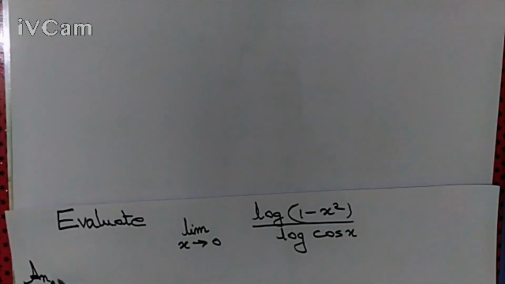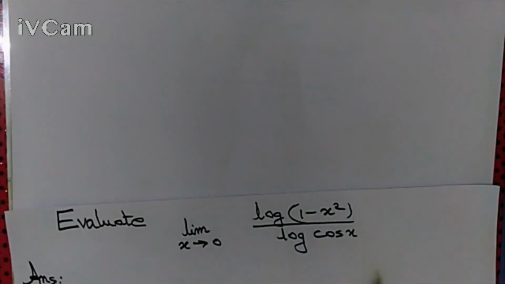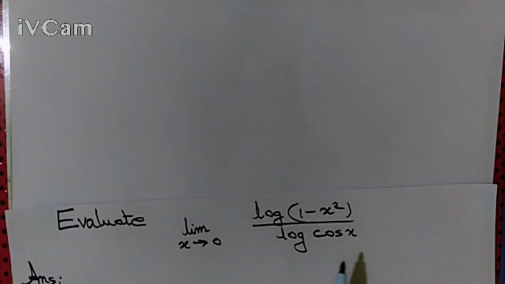Answer: we observe that as x tends to 0, numerator is tending to log 1, that is 0. Also, as x tends to 0, denominator is tending to again log 1, that is also 0.